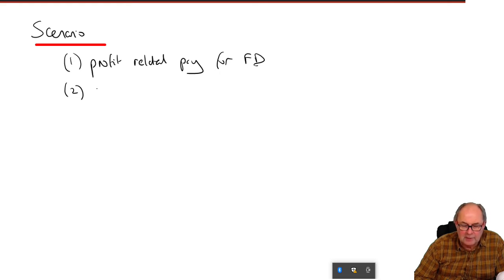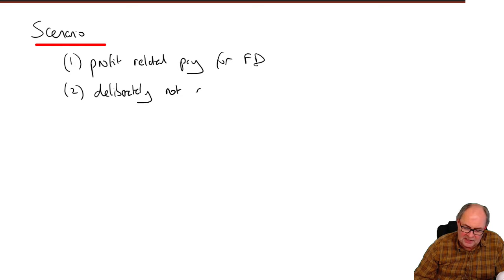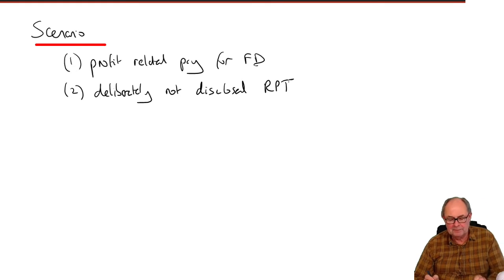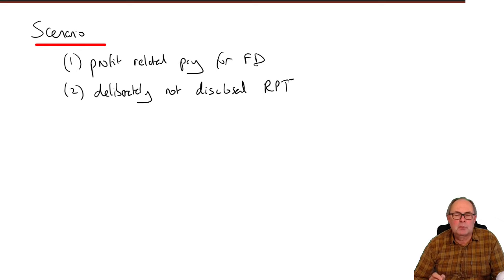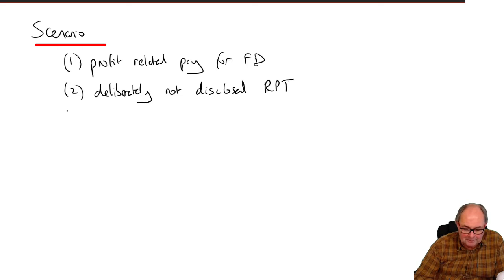Secondly, we will assume that they have deliberately not disclosed a related party transaction. If you're asking what's one of those, you need to look back in the notes and learn it, because it's a very important standard.